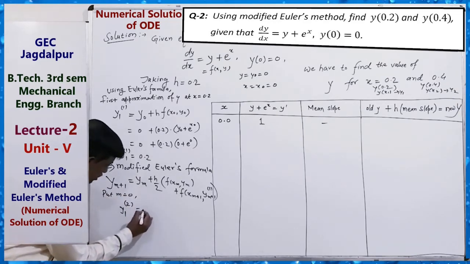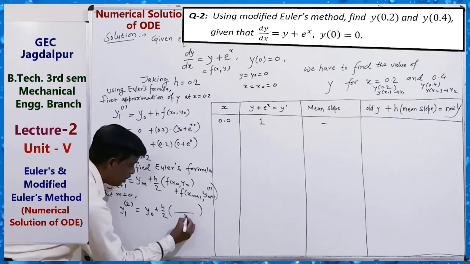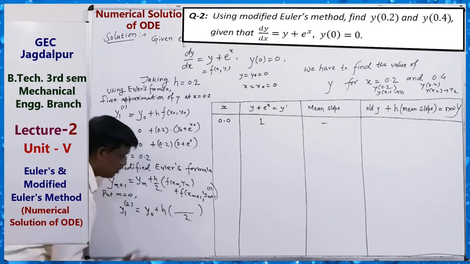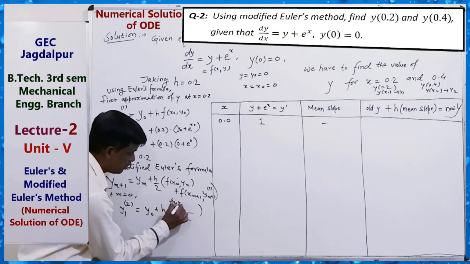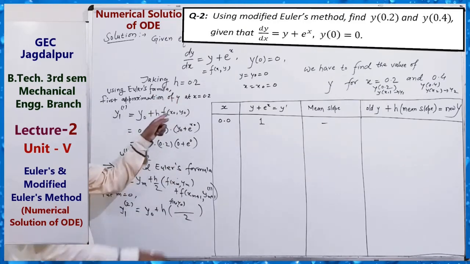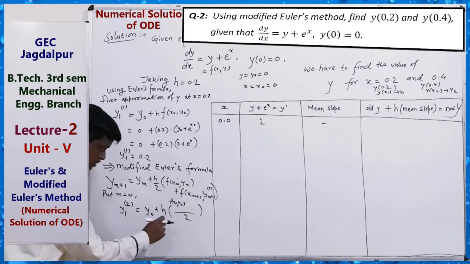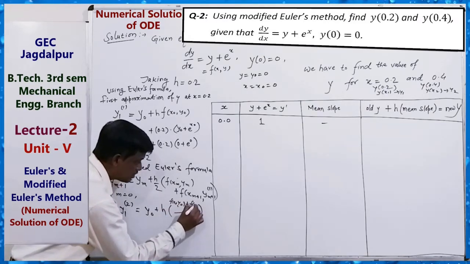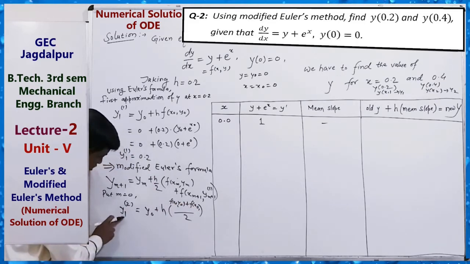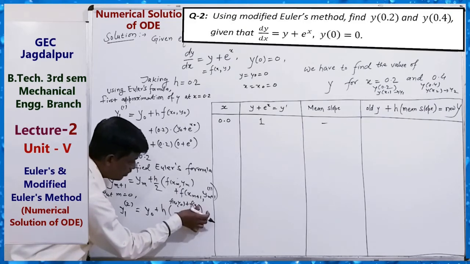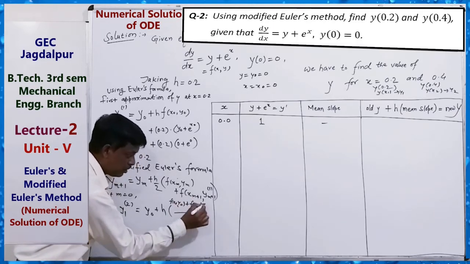So m equals 0: y0 plus h by 2, the first slope, which is just the previous slope, this, plus f(x, y), not 0, so here 1, and y1.